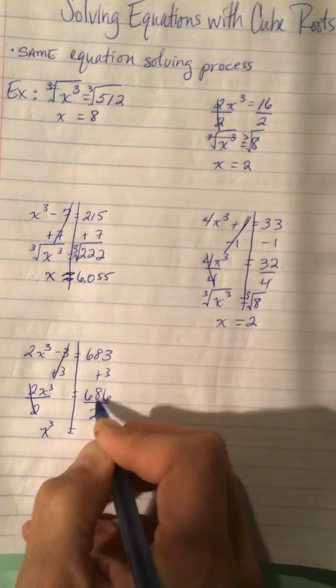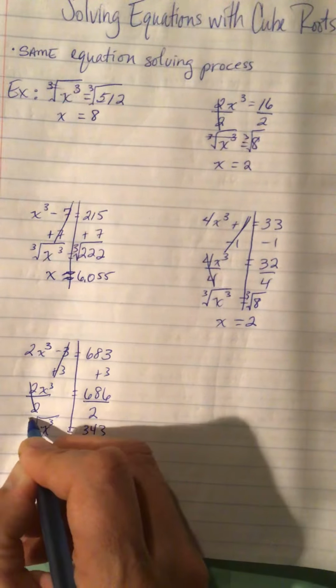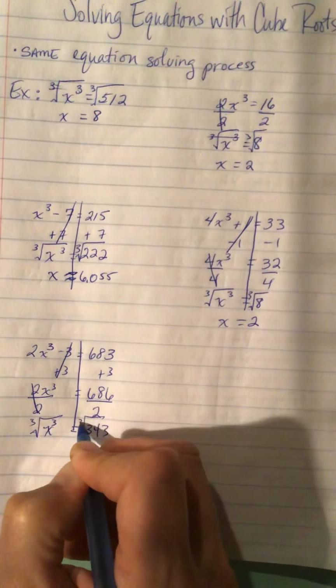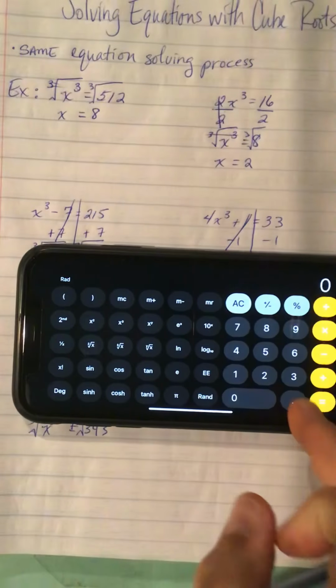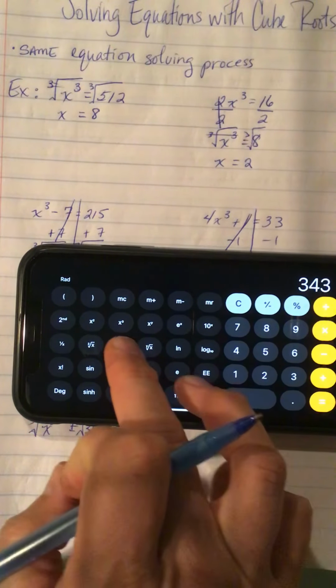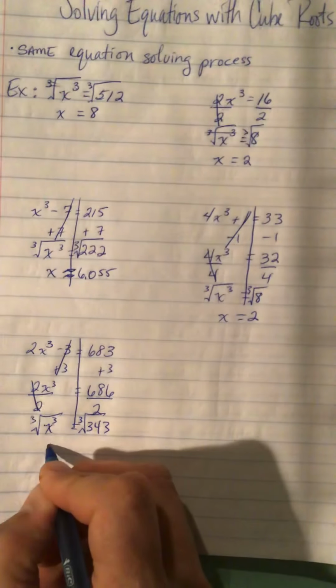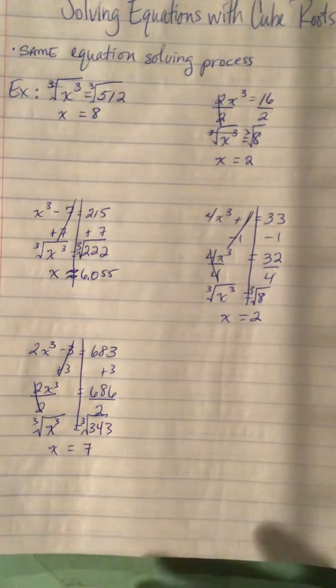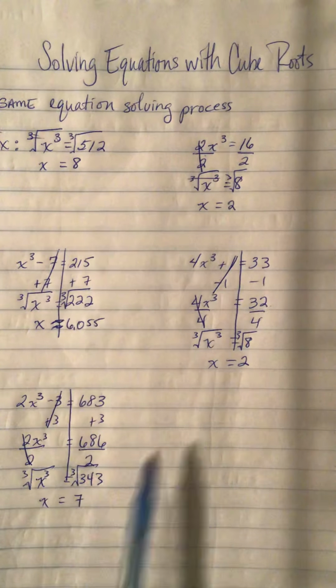X cubed equals 343. So let's take the cube root of both sides. And 343, take the cube root, and we get 7. X equals 7. So if they work out, great, where we have perfect cubes, that's awesome.